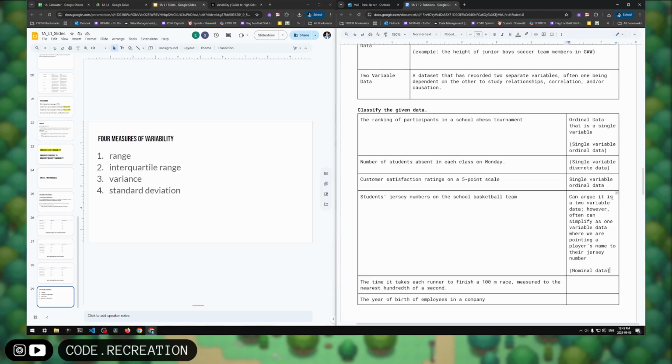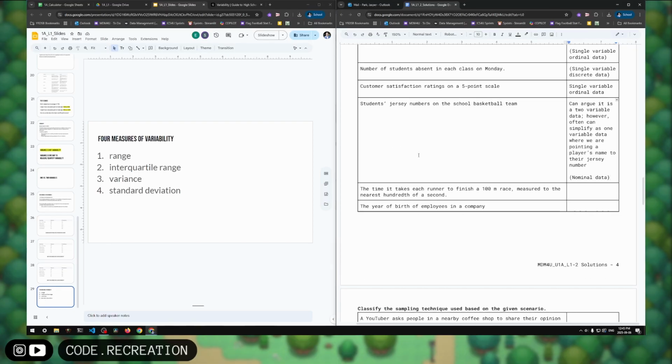Nominal data. Okay. The time it takes each runner to finish a 100-meter race, measured to the nearest hundredths of a second. I know this is continuous data. Single. The year of birth of employees in the company, discrete data.